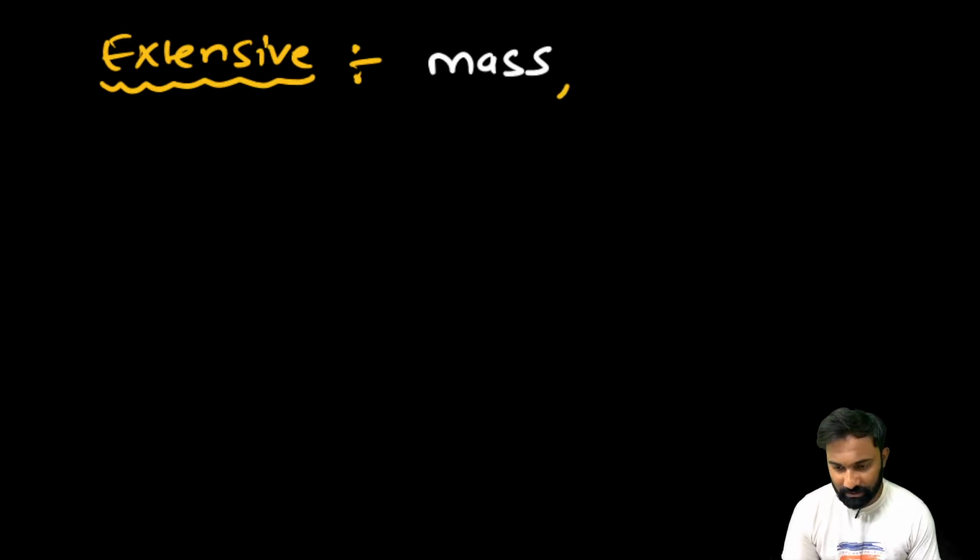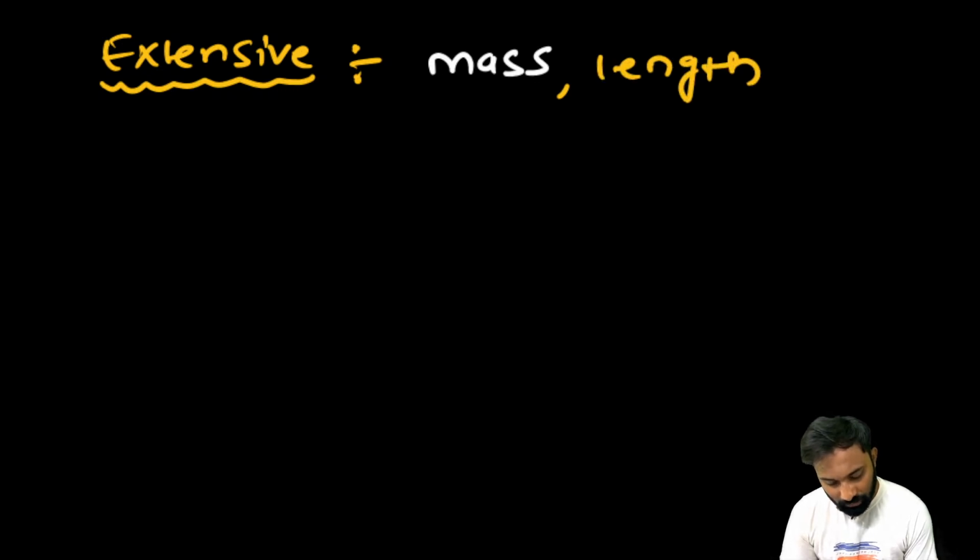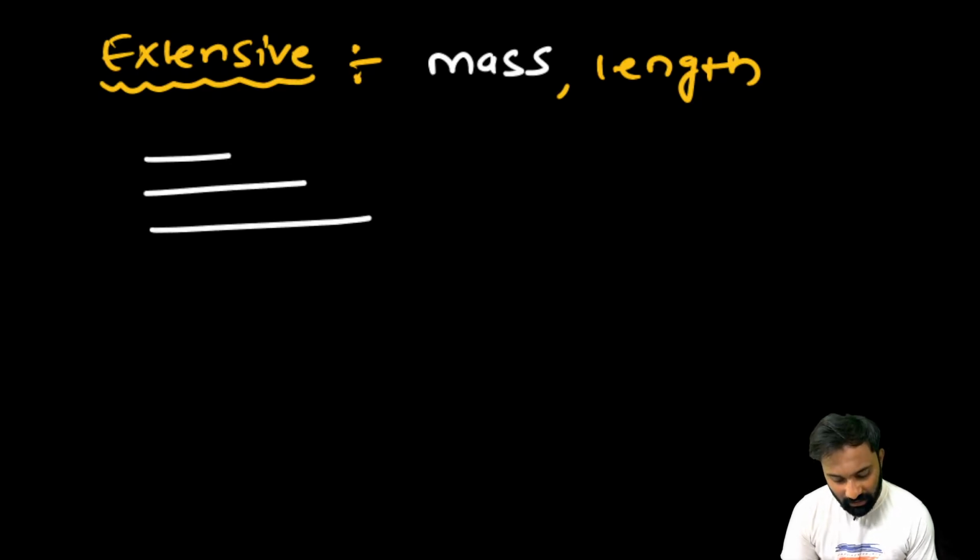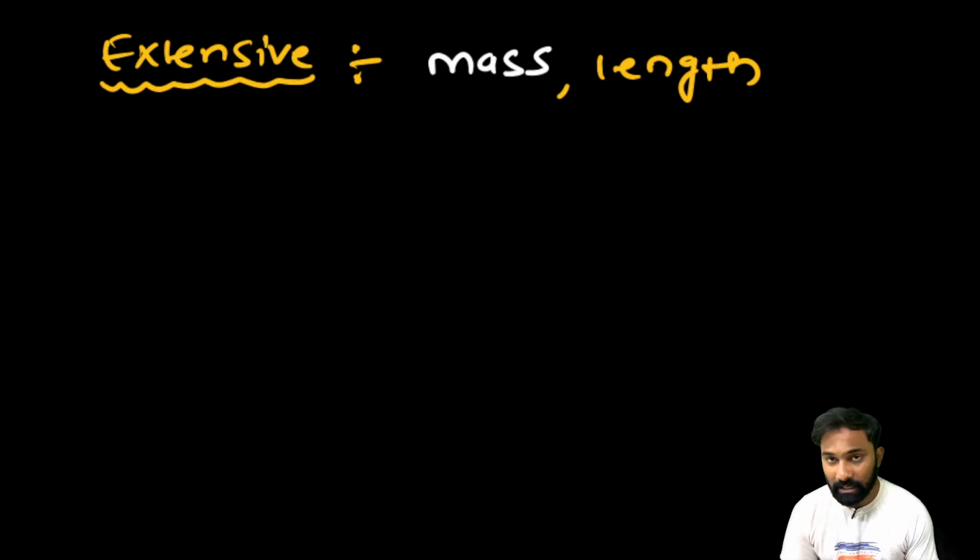Next one is length. You can see, this has a different length and this has a different length. All do not have the same length, right? Clear? Length is also changing depending upon the mass. Next one, area.